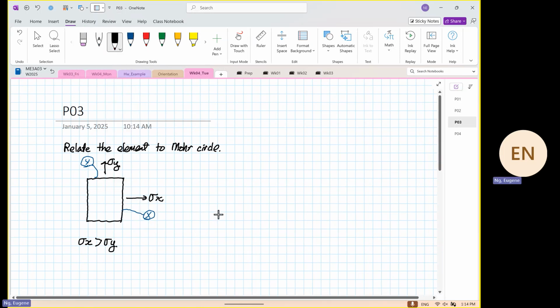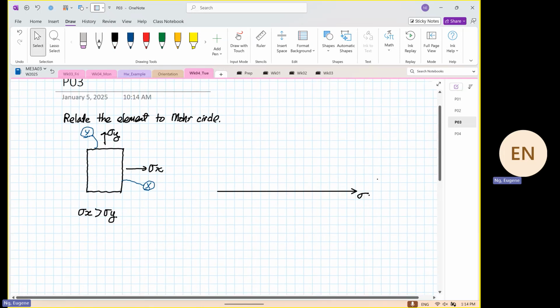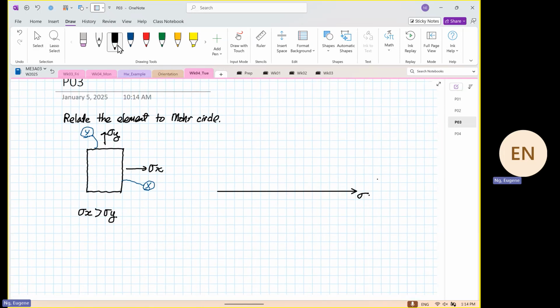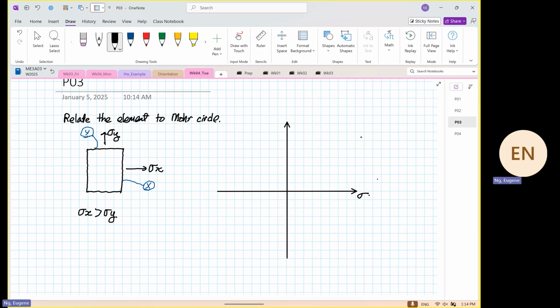So on Mohr circle, your x-axis is known as your normal stress. Repeat again. On Mohr circle, your x-axis is known as your normal stress. And then on Mohr circle, your vertical axis is known as your shearing stress. And the center is 0.